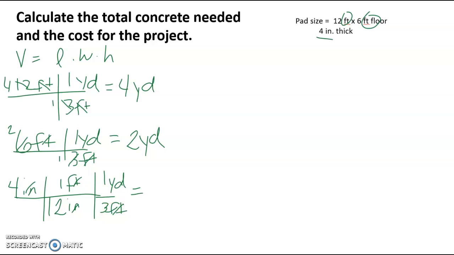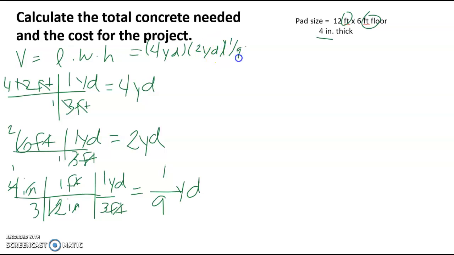I can simplify this down. 4 will go into 4 one time, 4 will go into 12 3 times, 3 times 3 is 9. So I have 1/9 of a yard. Then for my volume, I'm going to multiply all of those: 4 yards times 2 yards times 1/9 of a yard.